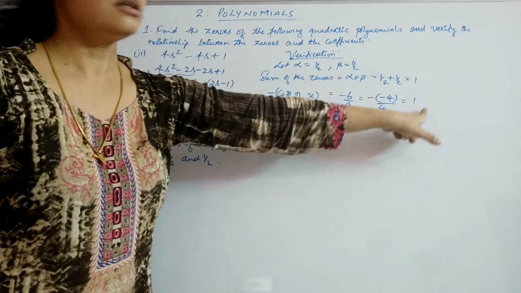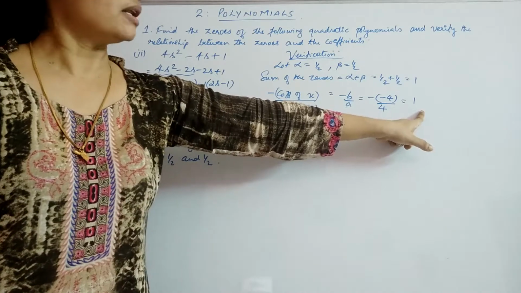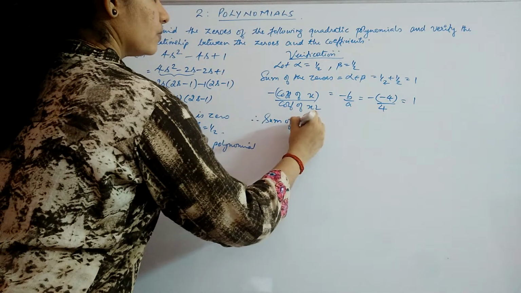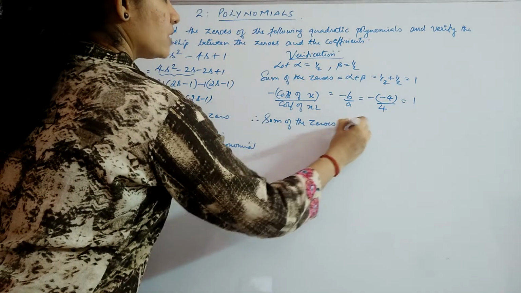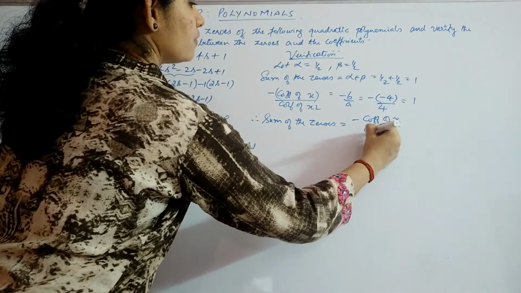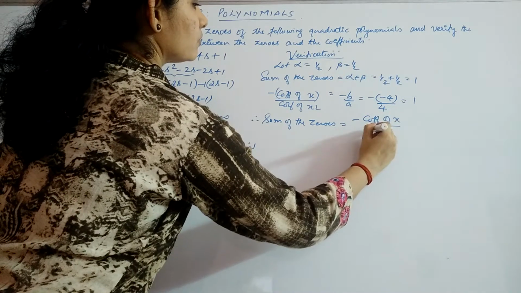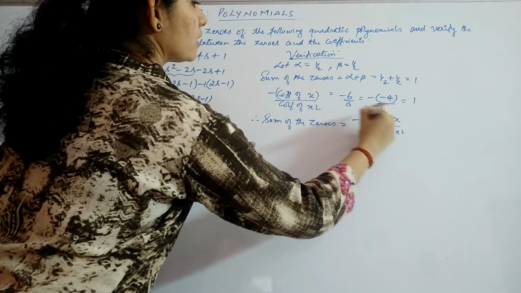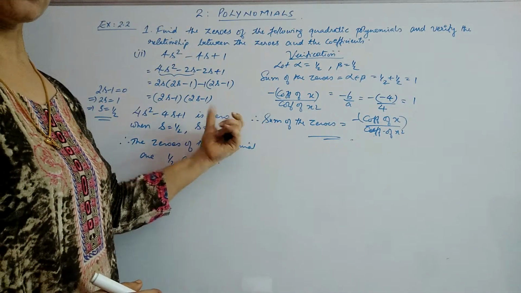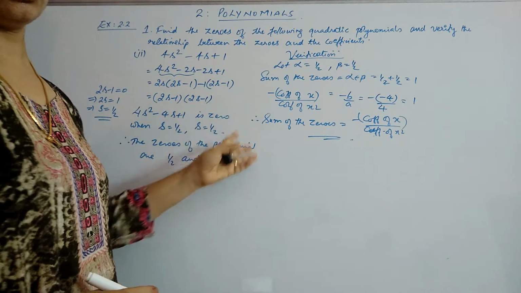So both are giving you the same value as 1. Therefore the sum of the zeros is equal to negative coefficient of x divided by coefficient of x square. This is another way to show the thing. The first problem I showed in some other way, this is another way. Both the ways you can use.